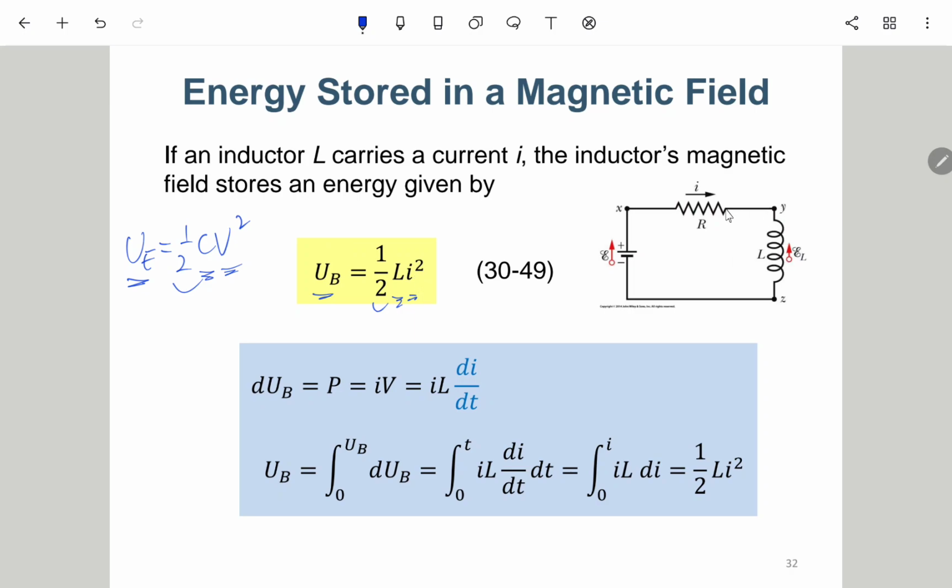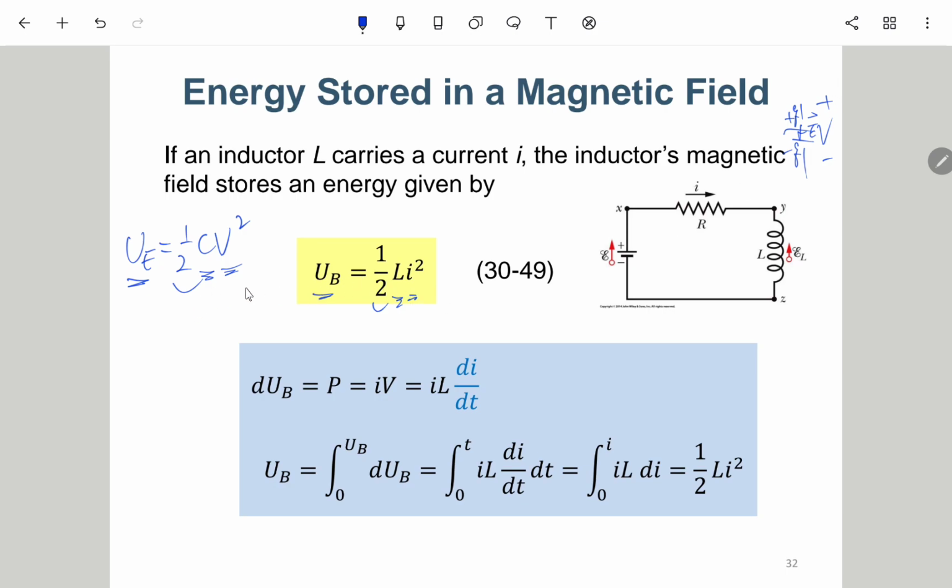Because you have a current going through this, it will generate a B field. For the capacitor, you have a potential difference of V, plus Q and negative Q, so you can generate an E field in between.